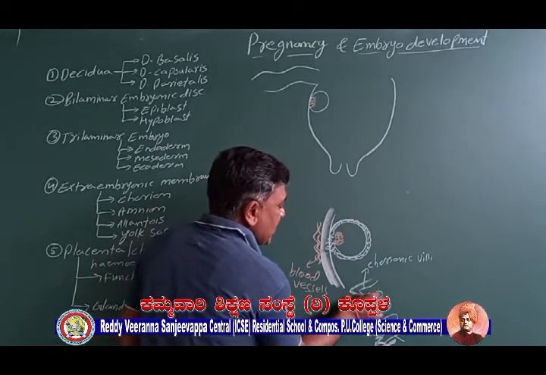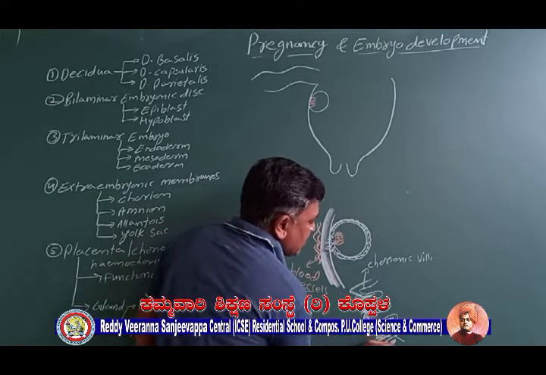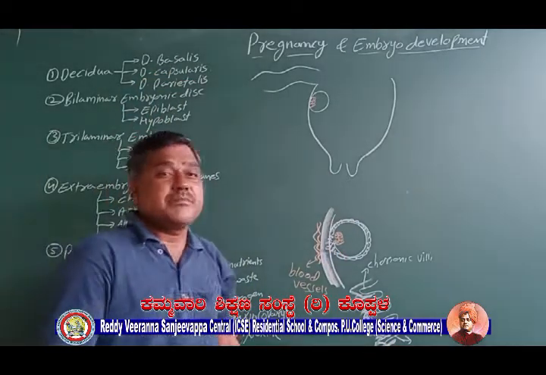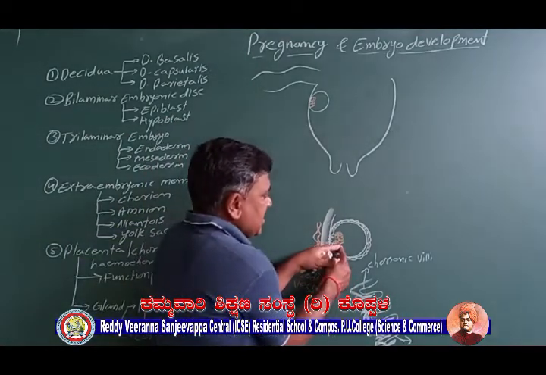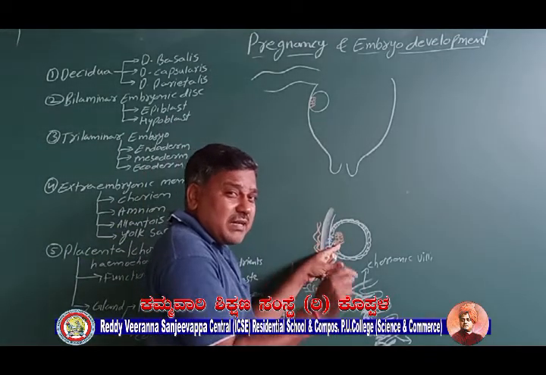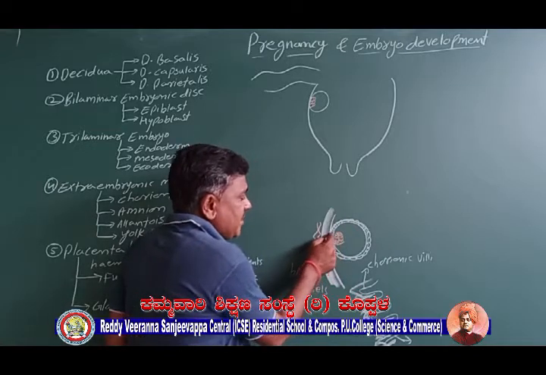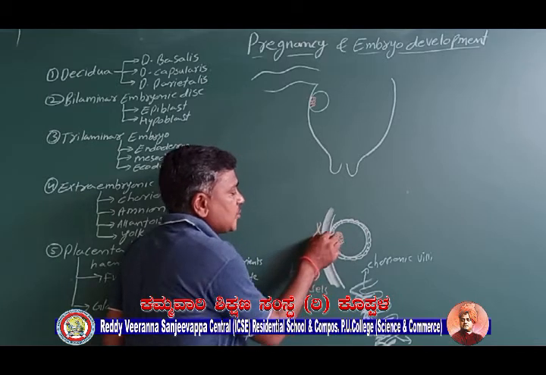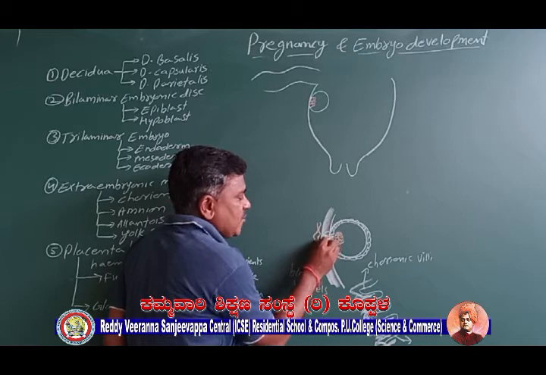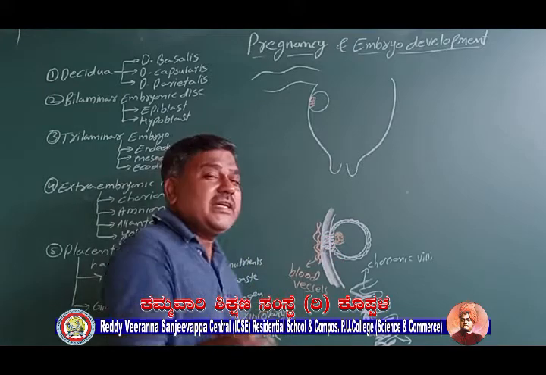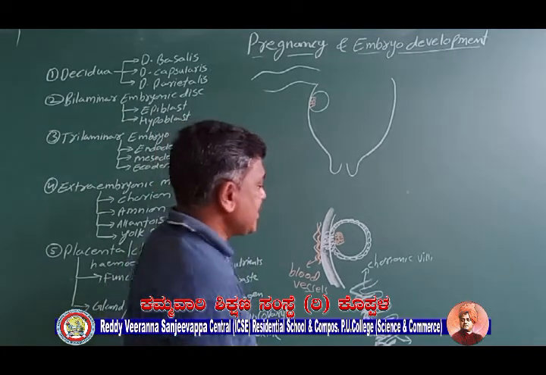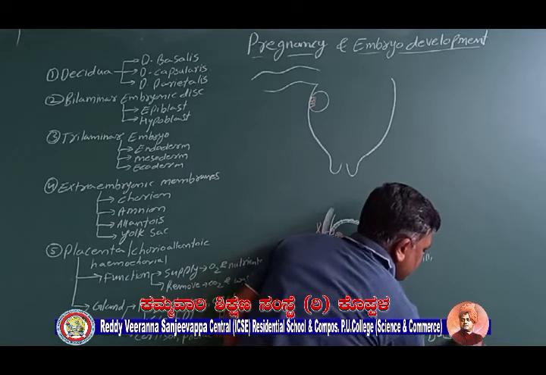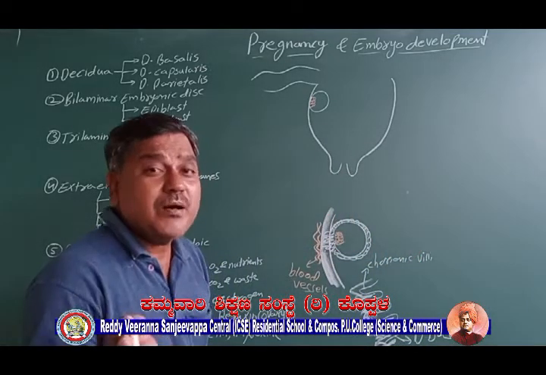So this decidua is called decidua basalis. That means the embryonic disc or inner cell mass, where there is development of chorionic villi embedded in the endometrium. So this is the endometrium which leads to formation of the placenta. It is called decidua basalis.